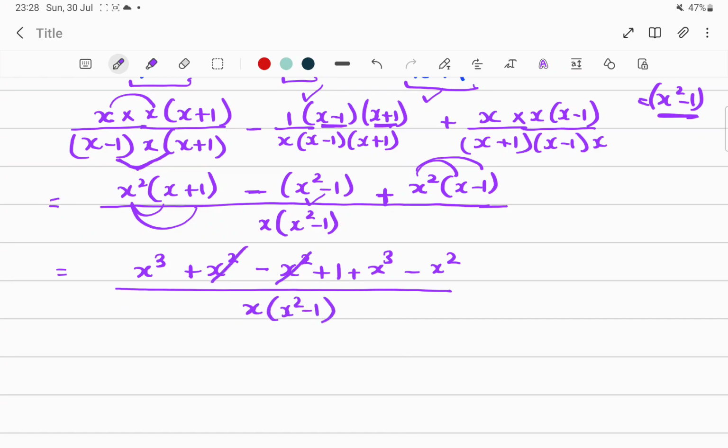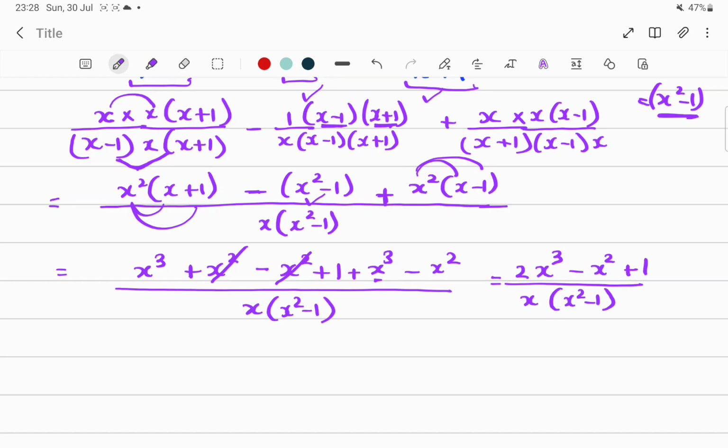So x squared and x squared got cancelled and you got x cubed plus x cubed, which is 2x cubed, minus x squared plus 1 divided by x into x squared minus 1. You can keep it this way.